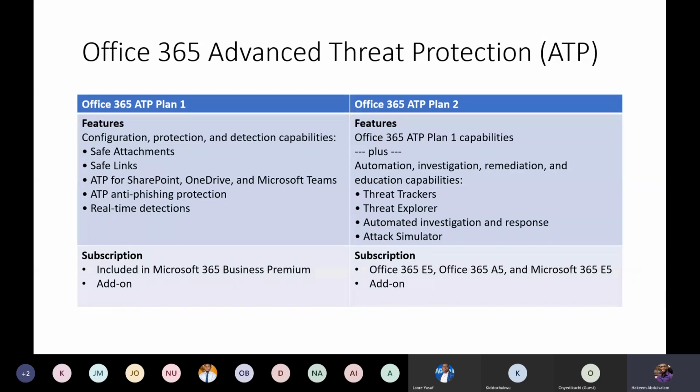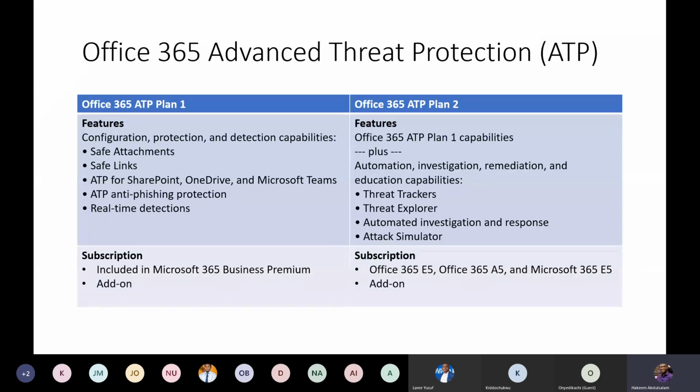And also Safe Links. What Safe Links does is when a link is embedded in your email, it scans those links to be sure that they are not malicious. And it doesn't end there. It doesn't stop at email alone. It extends to SharePoint, your OneDrive, your Microsoft Teams, because these are ways people collaborate. They share documents, they share links and the like.